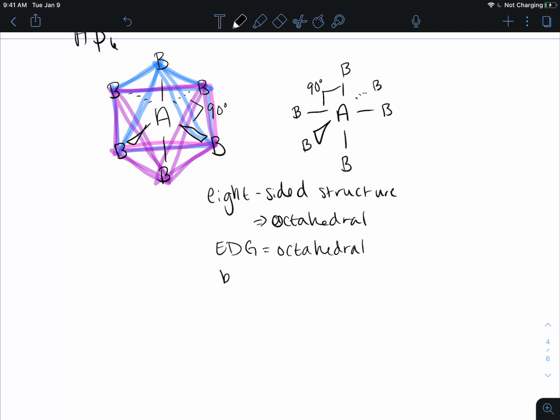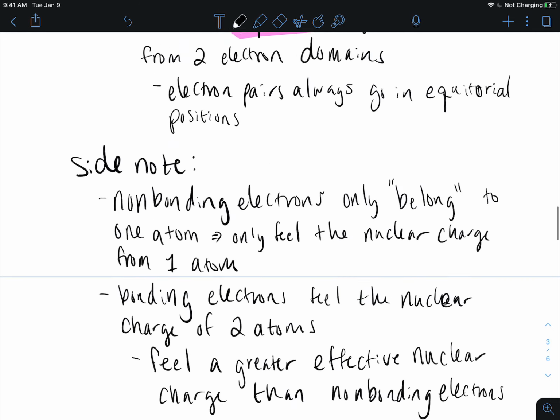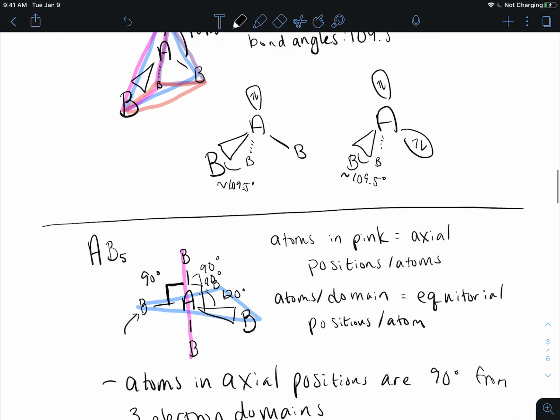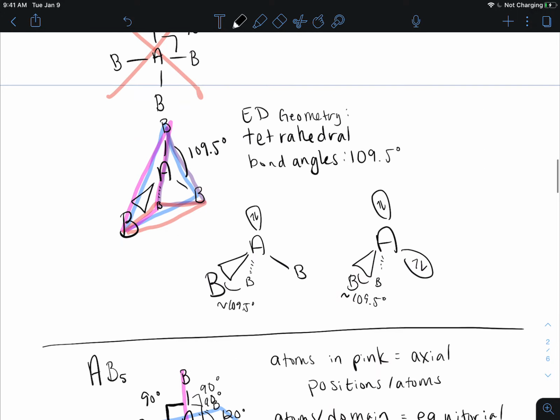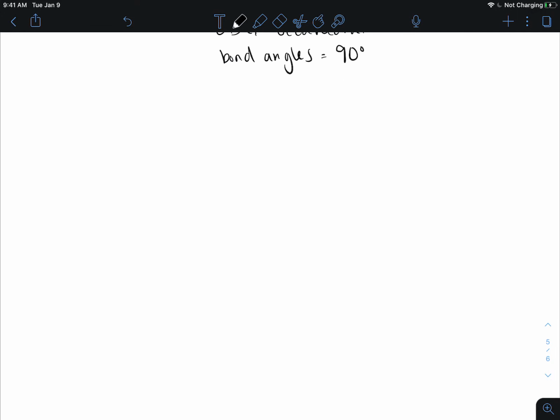And our bond angles are 90 degrees each. Okay. Now, just like we've seen with our other structures, we can take our electrons and replace our sites. So let's look at what we get when we replace sites.